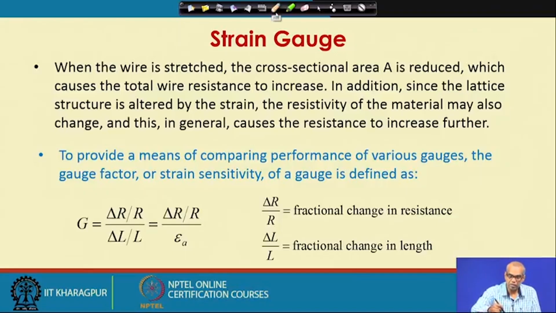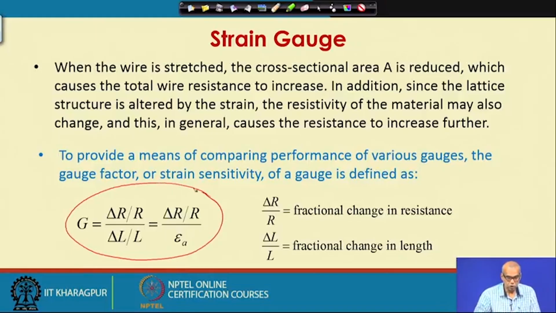So, the gauge factor is delta R by R divided by delta L by L. So, it represents in the numerator change in resistance divided by resistance, and in the denominator delta L by L, which is longitudinal or axial strain.